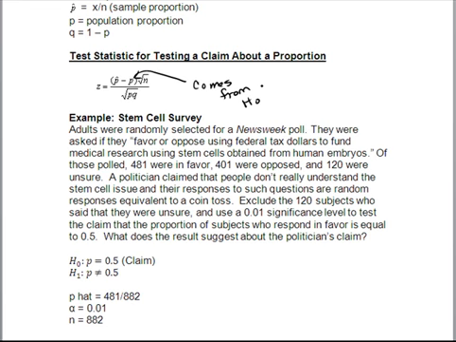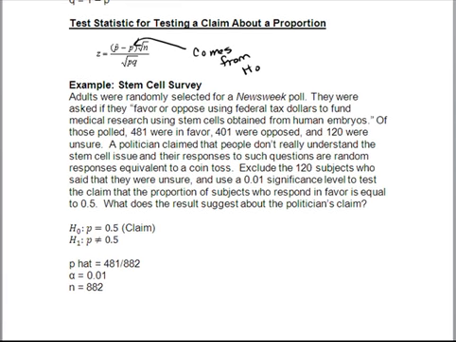So let's look at an example. Adults are randomly selected for a Newsweek poll. They were asked if they favor or oppose using federal tax dollars to fund medical research using stem cells obtained from human embryos. Of those polled, 481 were in favor, 401 were opposed, and 120 were unsure.